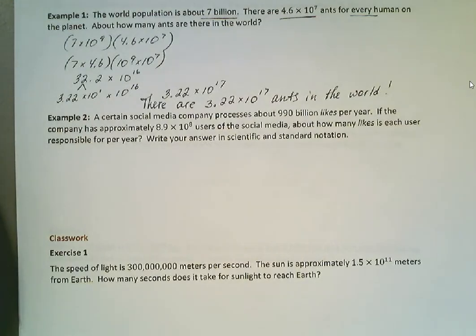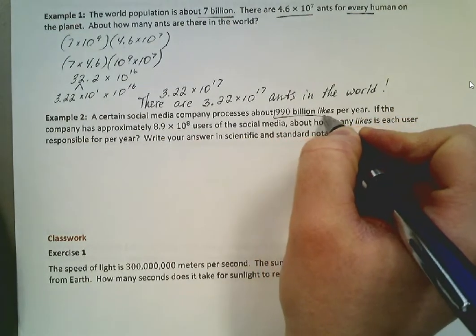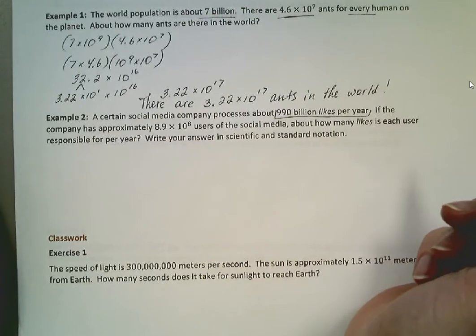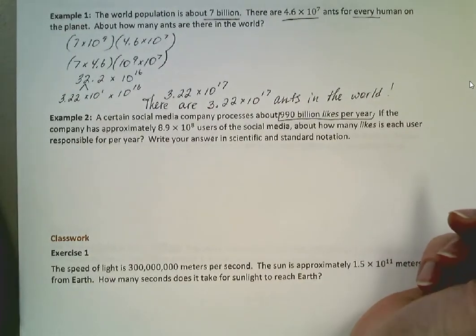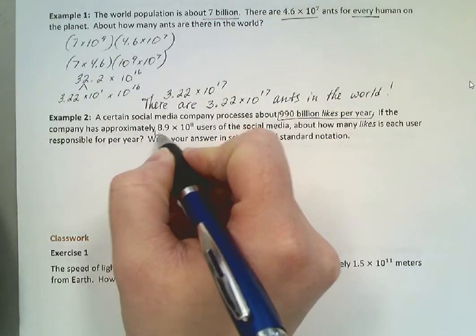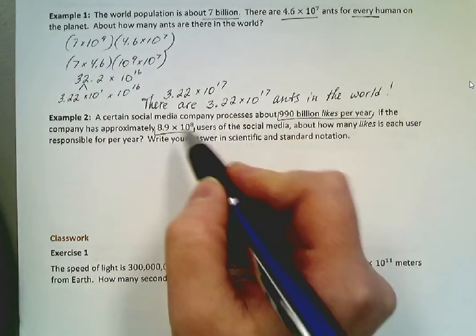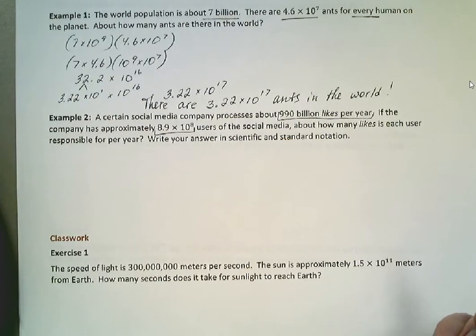So again, we are trying to visualize the whole thing, right? We have the total of 990 billion likes per year, and we have a total population of the people who use the social media. So we have two totals, and we want to see how many likes per person per year. That seems like a division problem to me.